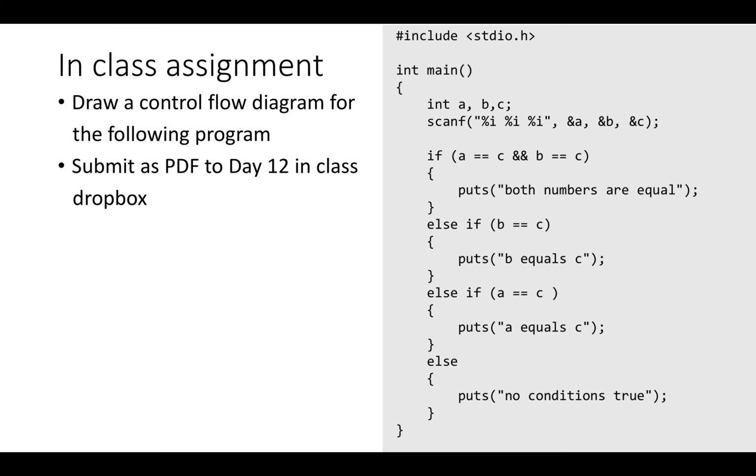Inside the squares, just write what it would output. So you could say, in one of your squares, b equals c, and write your blocks like that. So you come off and say true, come off and say false, and you build another one. And then if they come back together, you put them back together like that at the end.